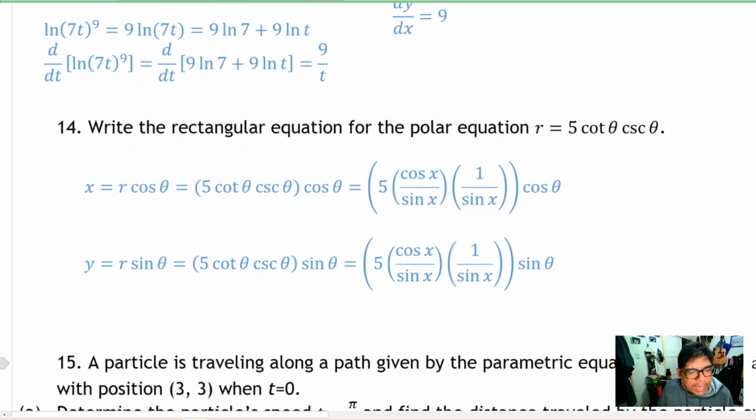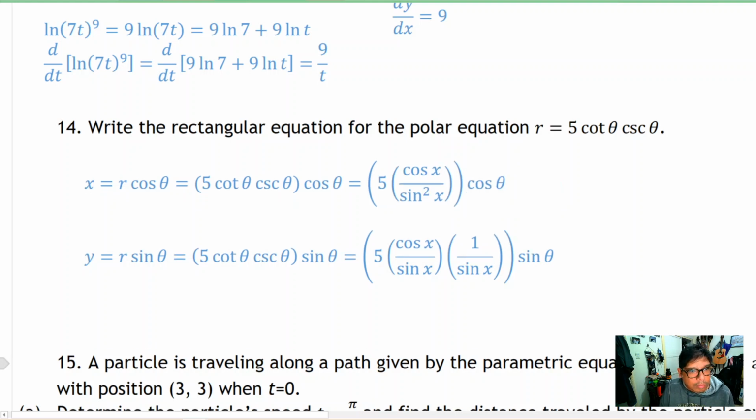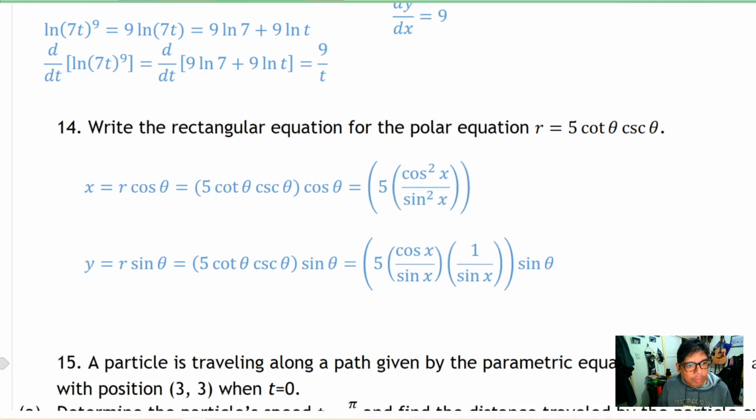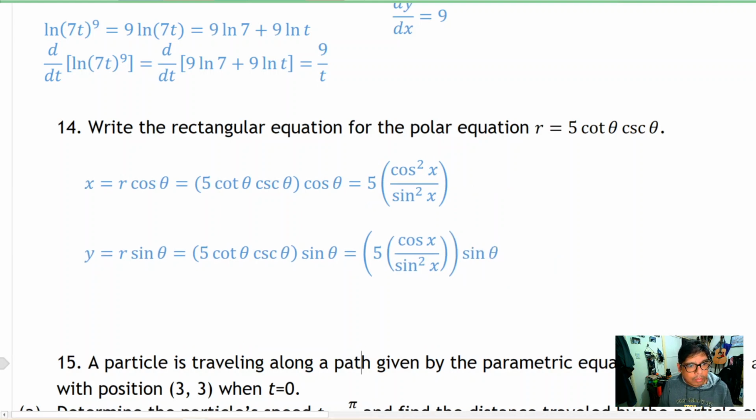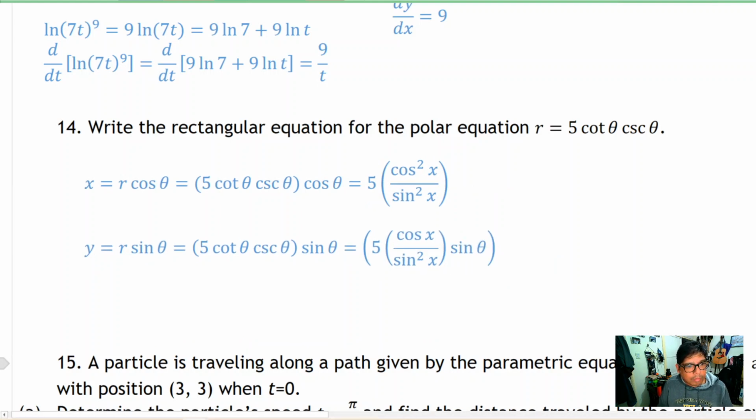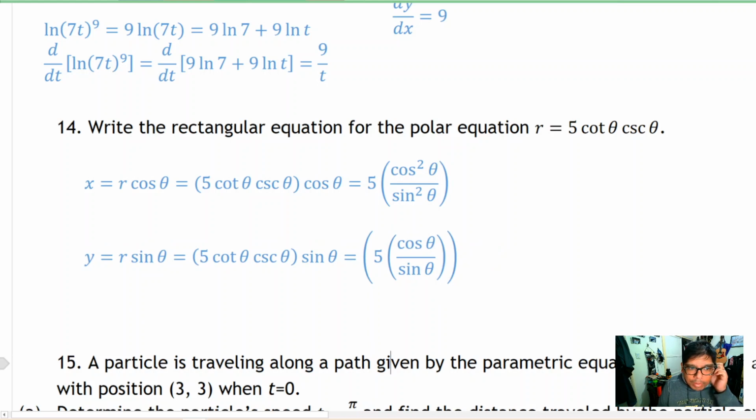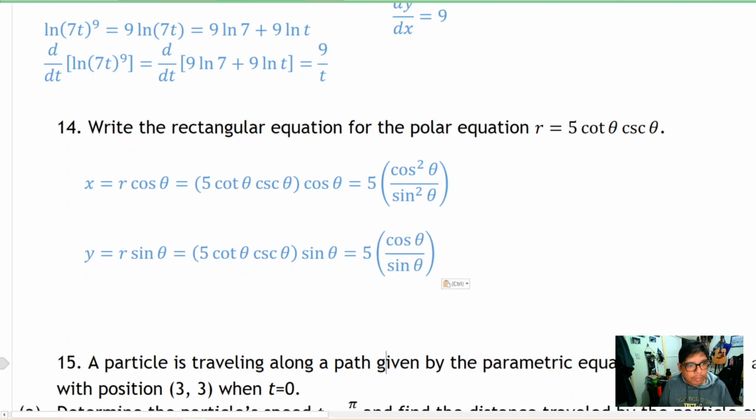And then we're going to multiply everything together. So sorry about that. Somewhere along the way, all of my thetas turned into x's.